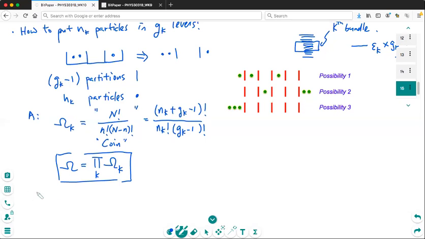What approximation? The approximation for the dilute gas. For the dilute gas means I have more states than the number of particles. So I will do something like this for you. Begins here. Okay, so hopefully this is clear enough.